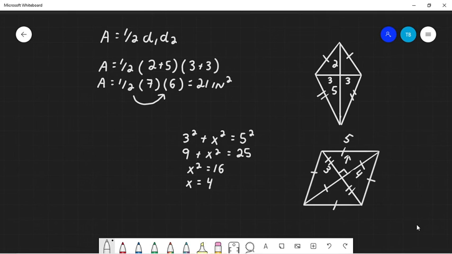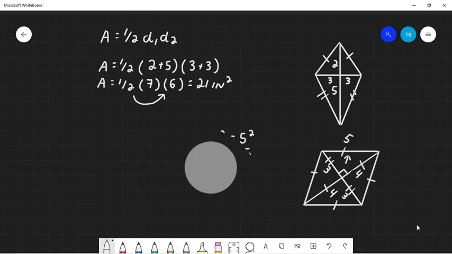So now that we know that, we can plug in all this other information here. We can say that this segment here of the diagonal is also 4 inches, and this one right here is 3 inches. So now it looks like we've got more than enough information to find the area of this rhombus.